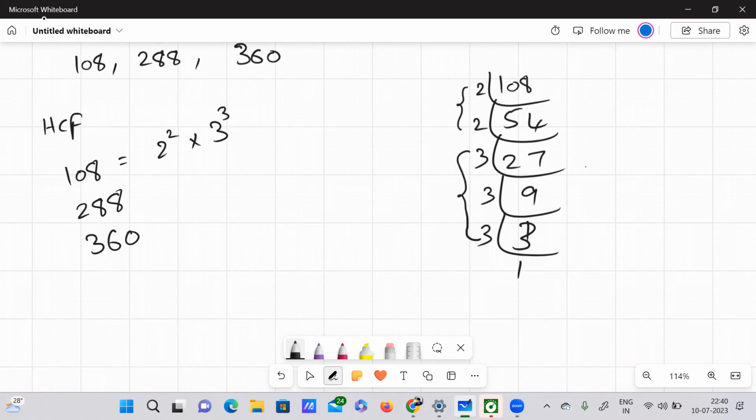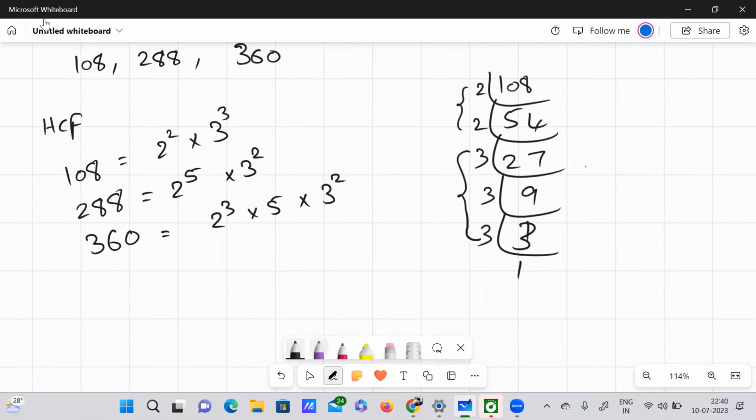And when you do the prime factorization for 288, you'll get something like this: 2 to the power of 5 and 3 square. When you also calculate for 360, you will get 2 to the power of 3 into 5 into 3 square. You'll get like this.